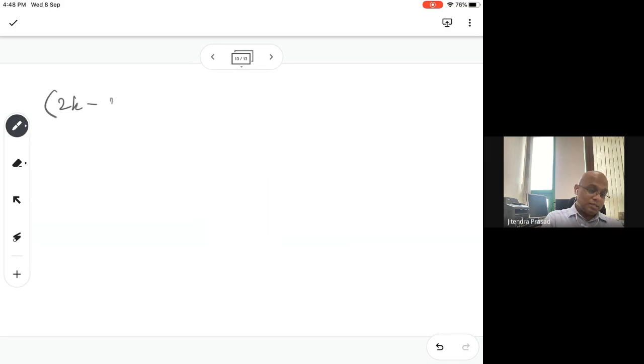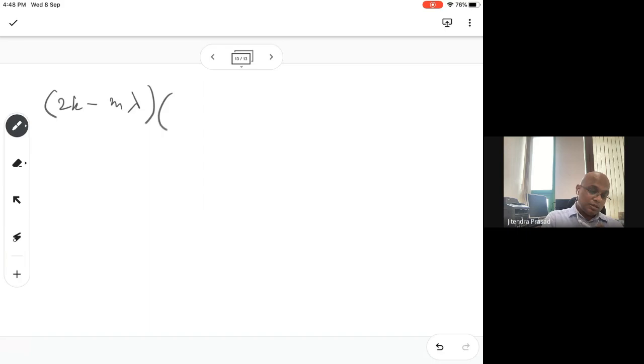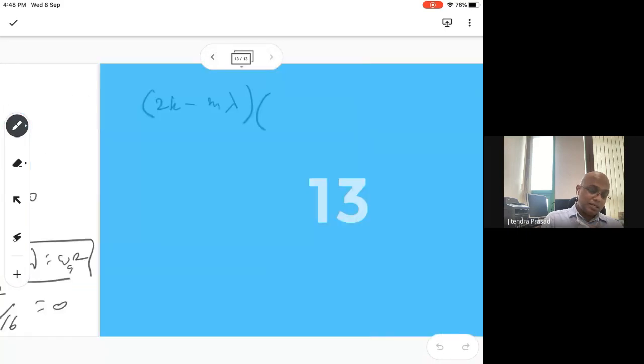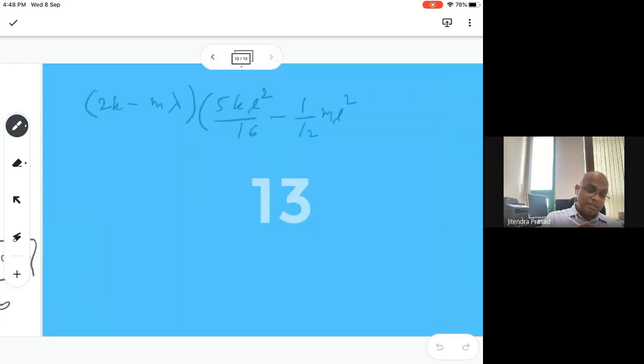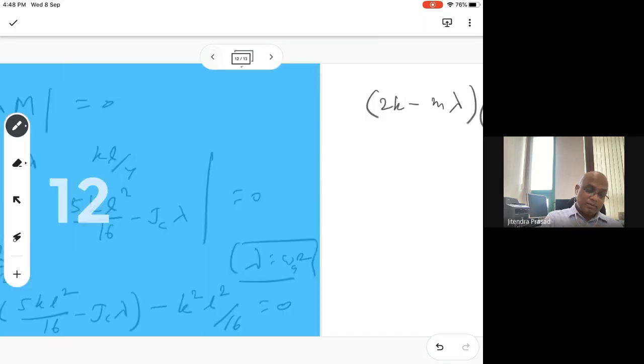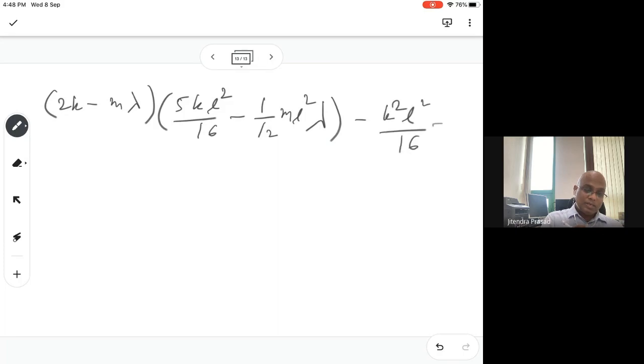So 2k minus m lambda, then 5 KL square over 16 minus 1 over 12 ml square, that is JC, multiplied by lambda, minus K square L square divided by 16 equal to 0.